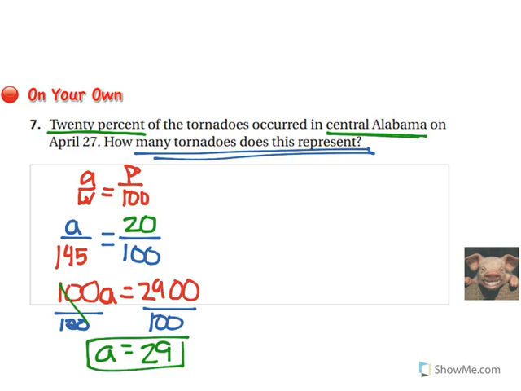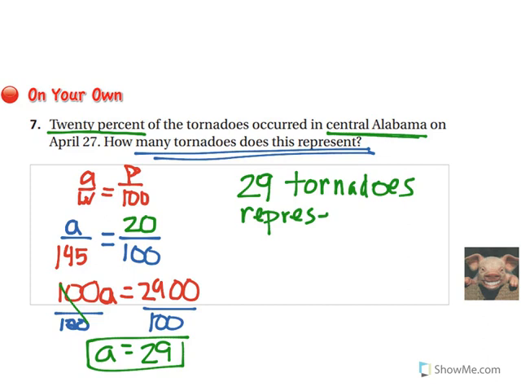So, 29 tornadoes represent 20% of the total tornadoes.